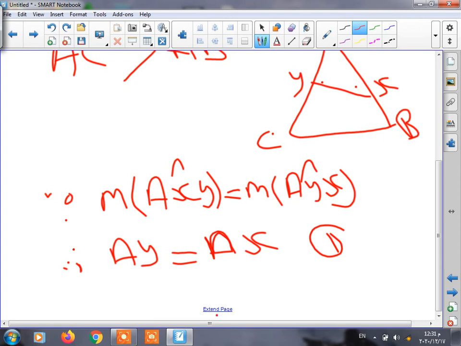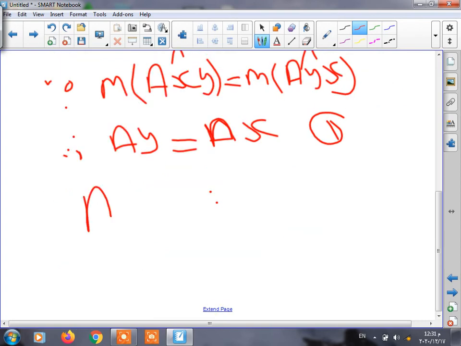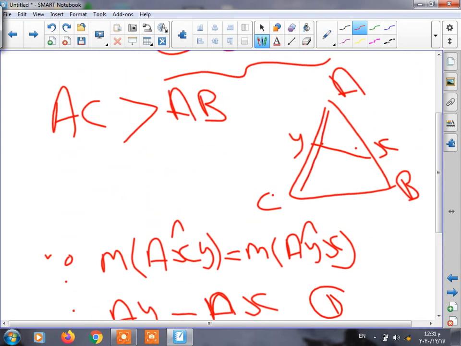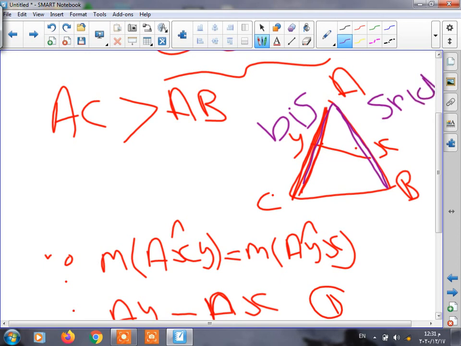But we have side AC more than side AB. Look at the drawing. I have this side AC bigger than side AB, side AB is small. And we said that if we subtract a constant value from two unequal sides, I cut AY from AC, the remainder will be YC.